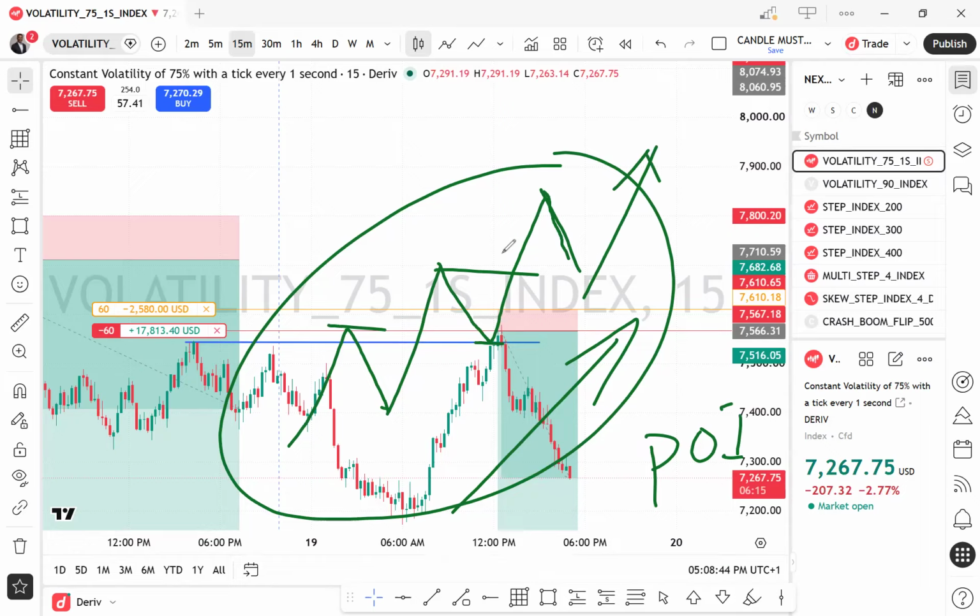But with the candle must close concept, it's easier for you. When you look at the market like this on a higher time frame, you can tell based on the candle and say, okay, today, even though the market is an uptrend, I know the candle is going to be selling.